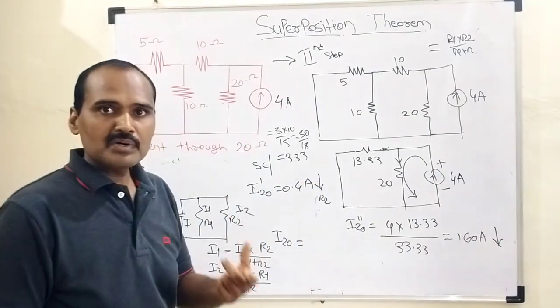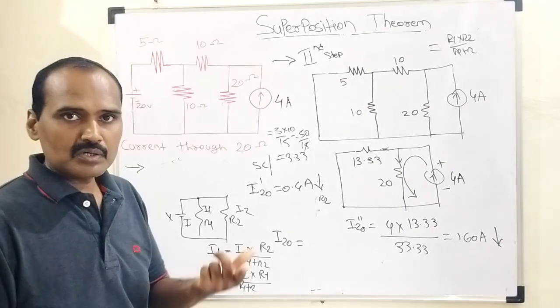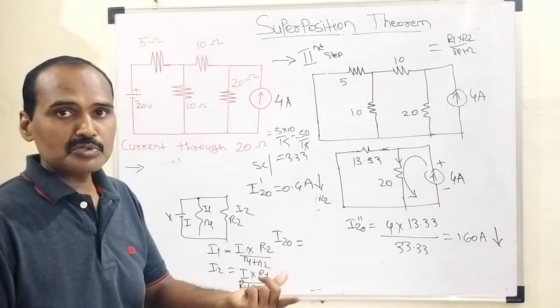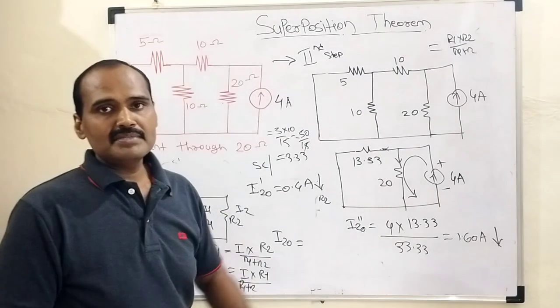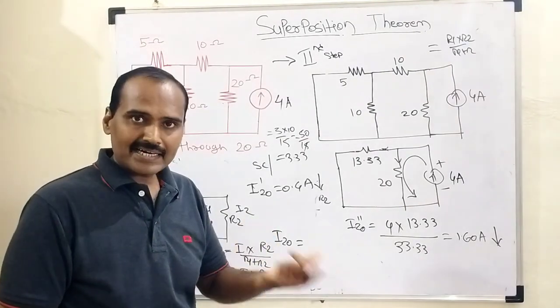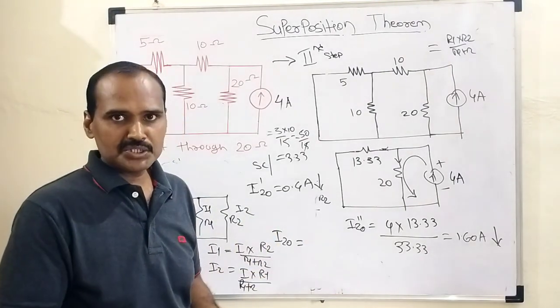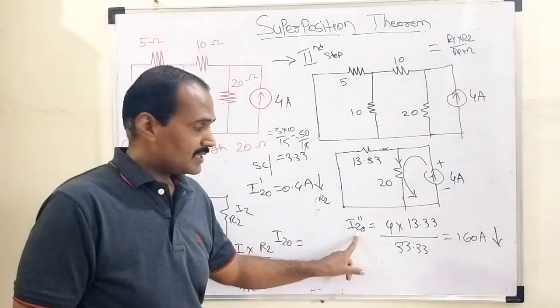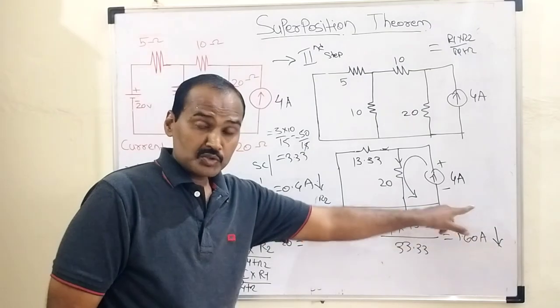Algebraic sum means either these currents are added with each other or subtracted. If their current directions are opposite to each other, they are subtracted. If the current directions are similar, they are added, which happens in this case. I20 double dash is 1.60 ampere, top to bottom.